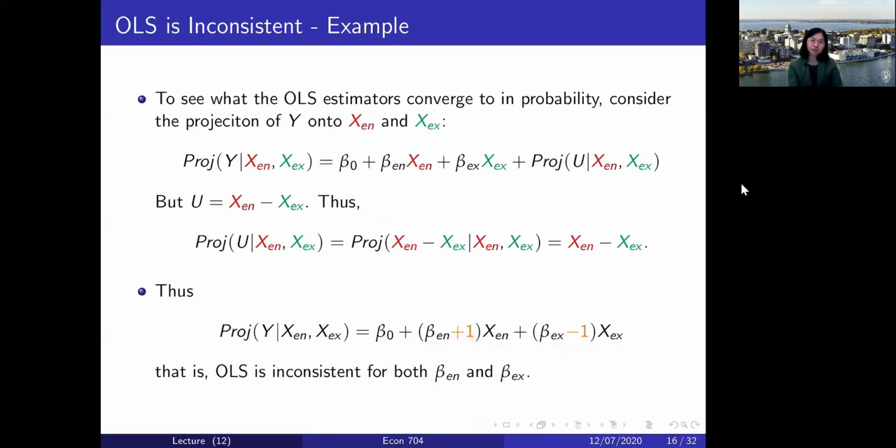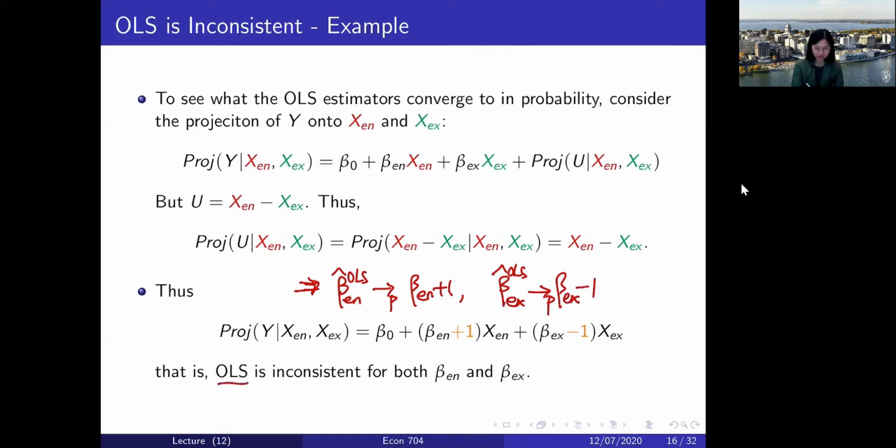And we know OLS is consistent for projection, so the OLS coefficient for xen converges in probability to beta en plus 1, and that for xex converges to beta ex minus 1.